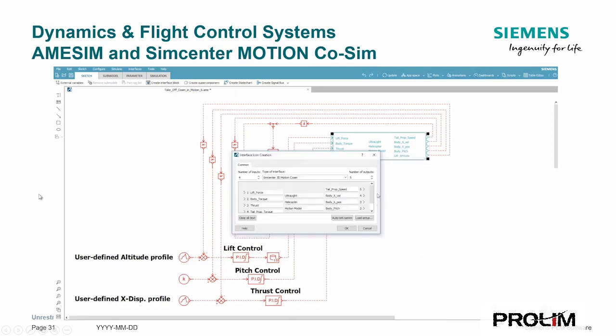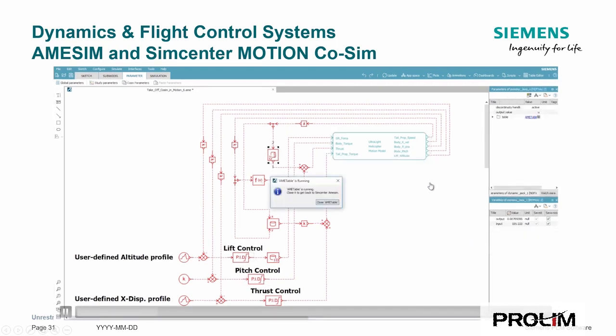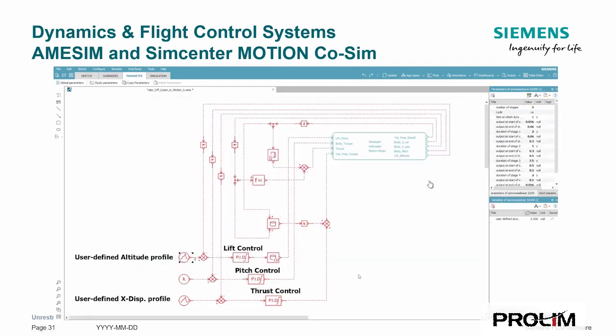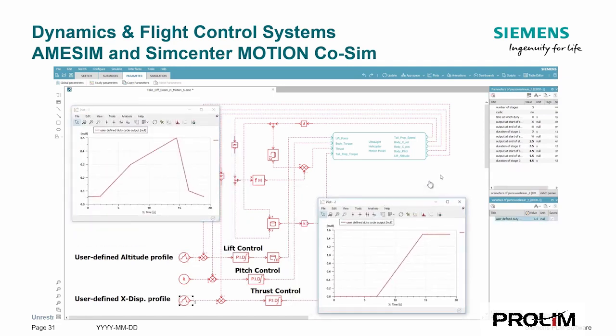So here you can see just the control block that connects AimSim with the motion space within Simcenter, with all the characteristics that we just simulated for the helicopter lift and drag characterization.